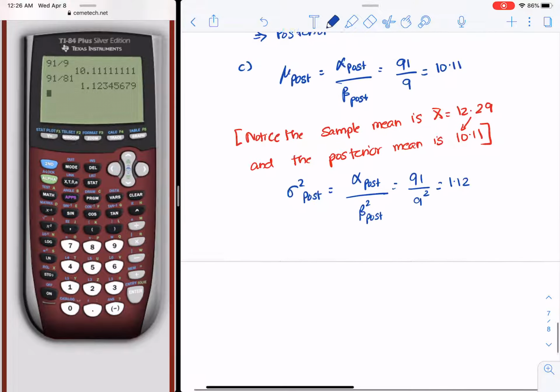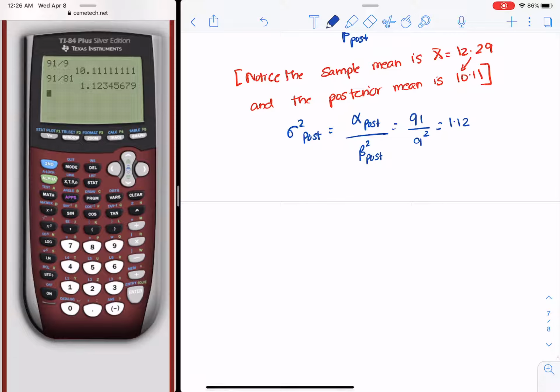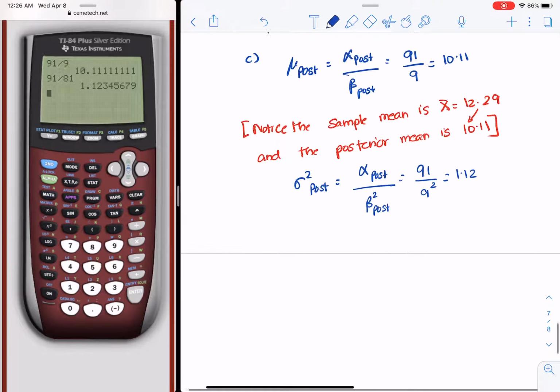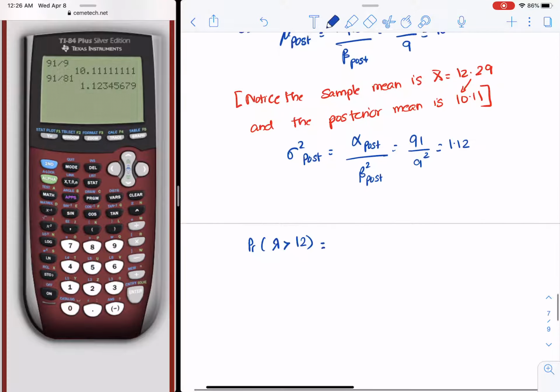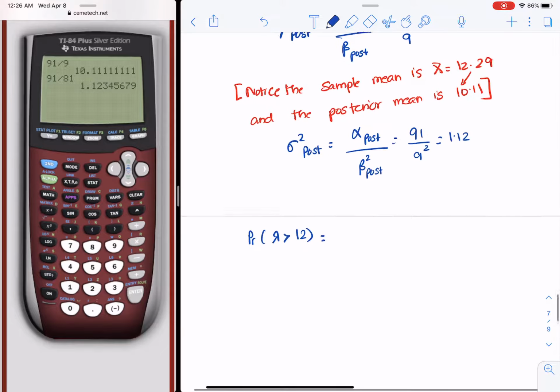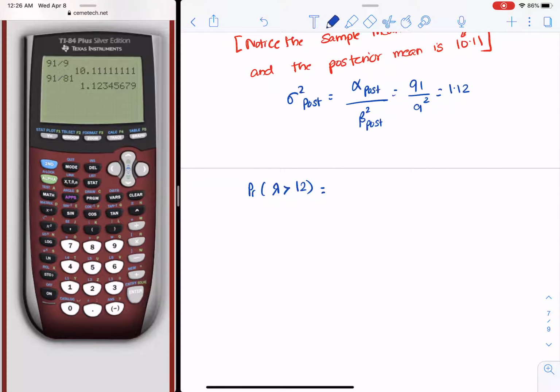Okay, so we want to use normality to determine the probability that lambda is going to be bigger than 12. With only the sample information, it seemed like it is going to be about 12, but let's see how things change. So we will do normal CDF.